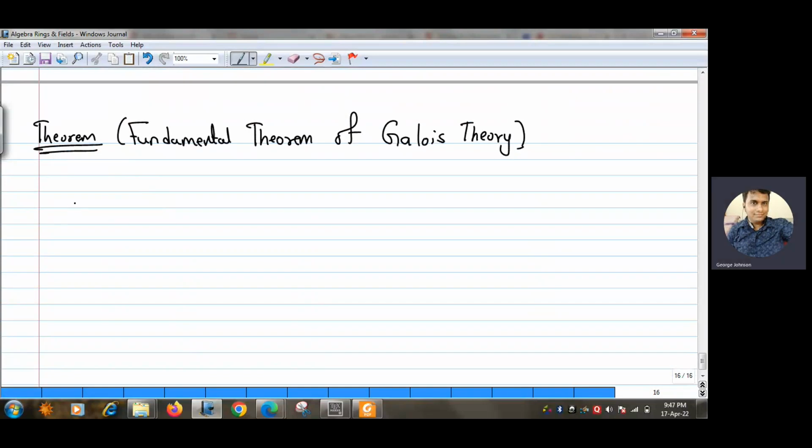So let us state this theorem. The statement is one of the biggest statements.